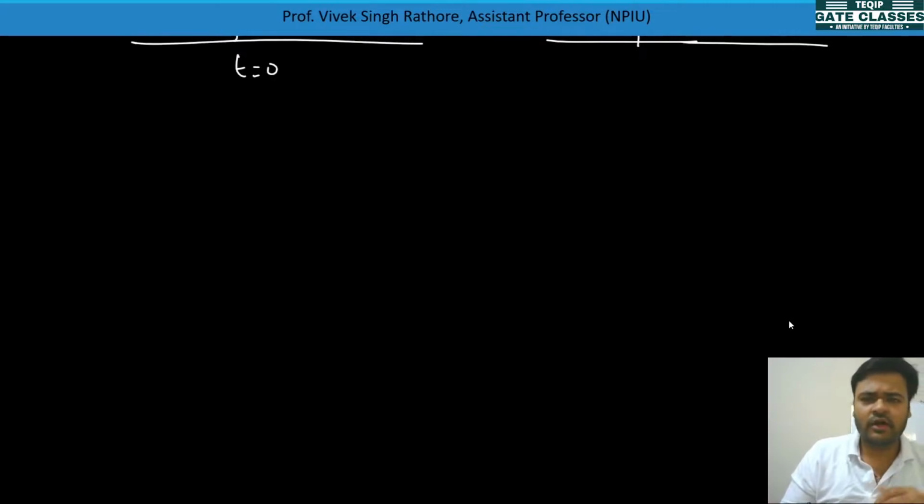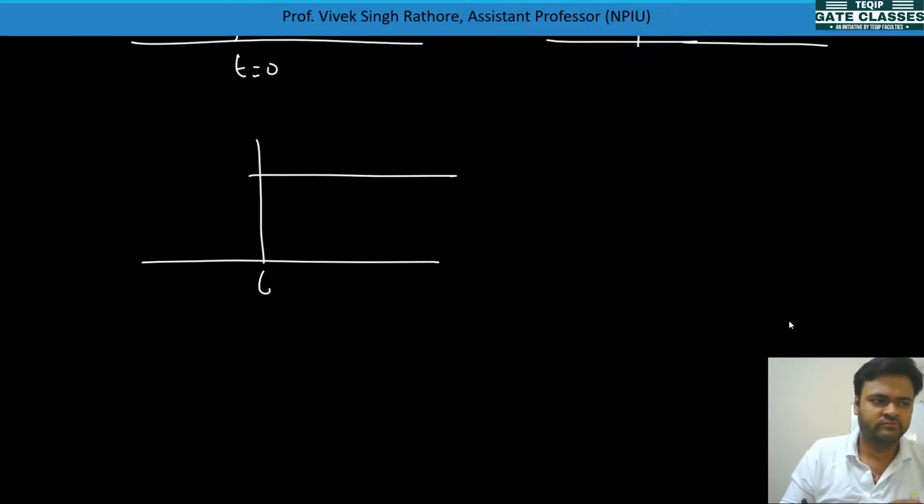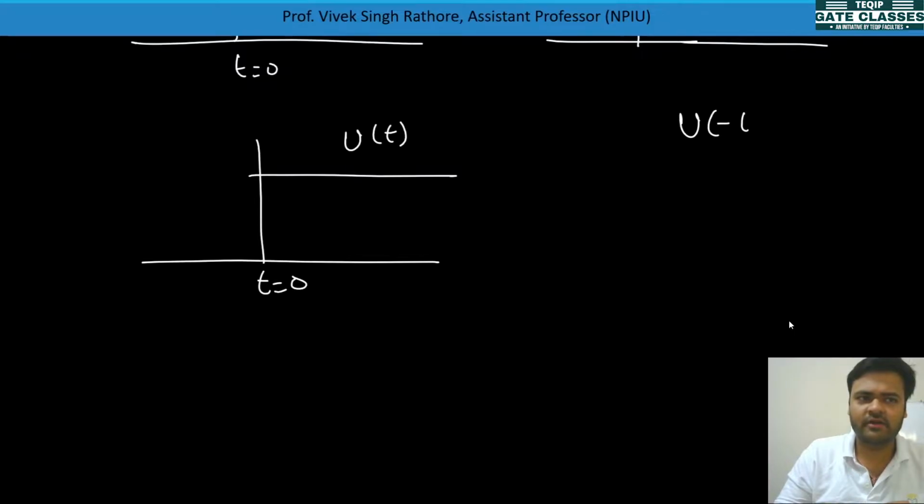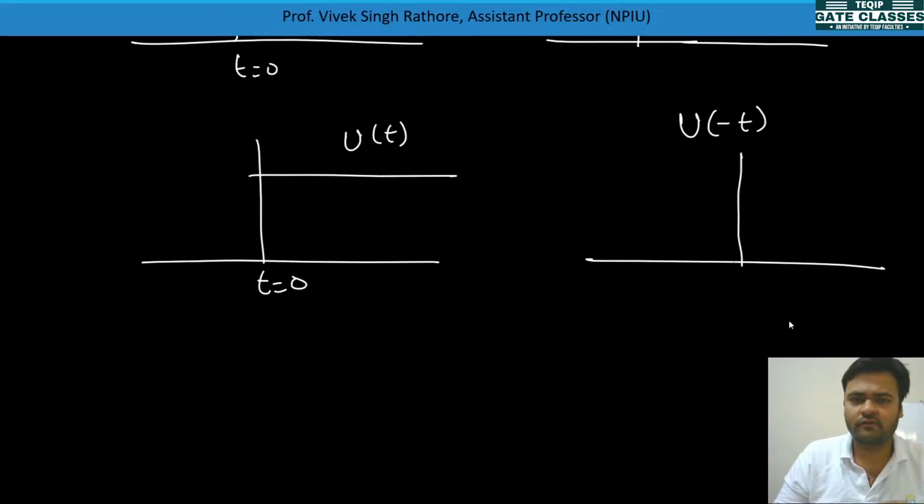Second, if you do time reversal, what happens? This is our u(t) signal. When we do time reversal on the unit step signal, it becomes u(-t). When we do time reversal, we just need to rotate it across the y-axis.